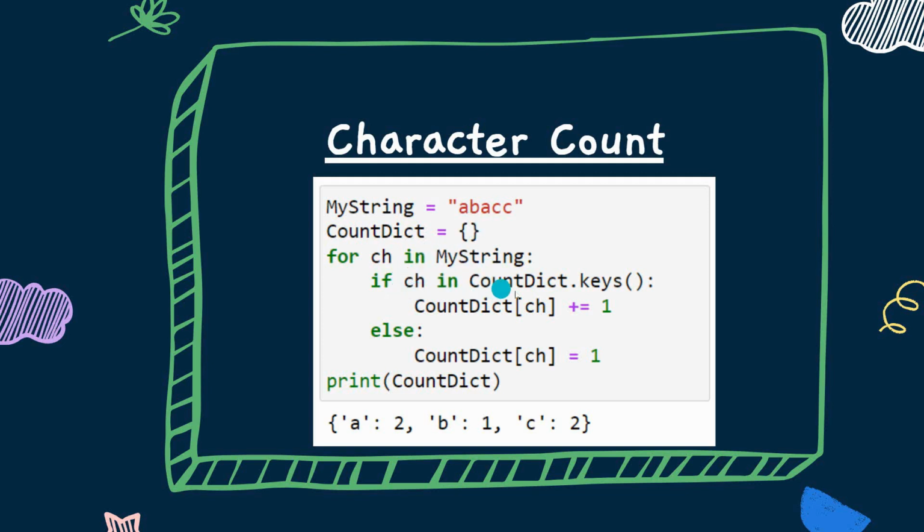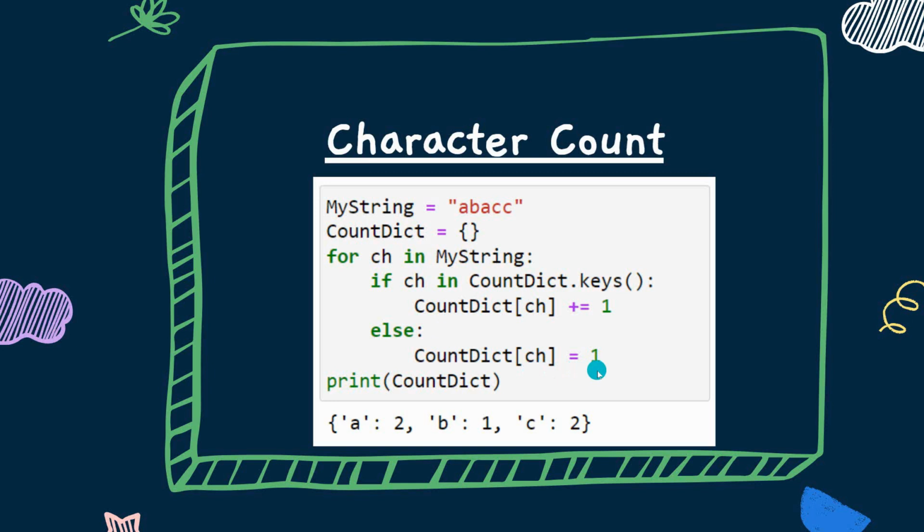If that character is present in the keys of the count dictionary, then automatically it will increment the value associated with that item. Else, that means if that character is not present in the dictionary keys, then I am going to create a new item with ch as the key and the value as 1.